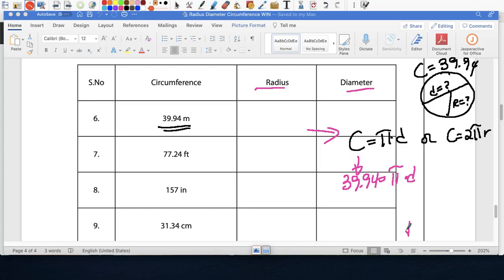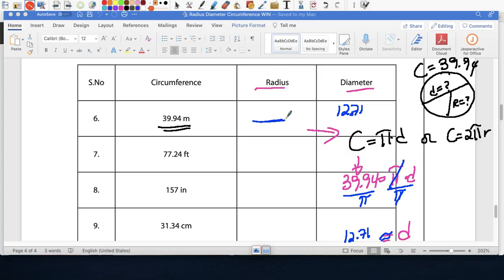So I want my last line when solving this equation to be diameter equals something. Who do we need to get rid of? The pi. So divide by pi, and divide this side by pi. Pi divided by pi is 1. 1 times diameter is diameter. And what is 39.94 divided by pi? It's approximately 12.71, etc.